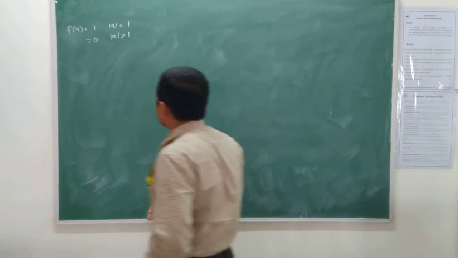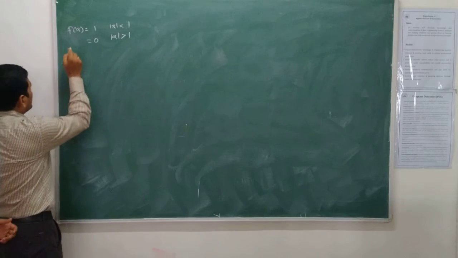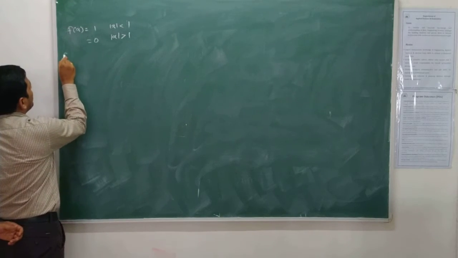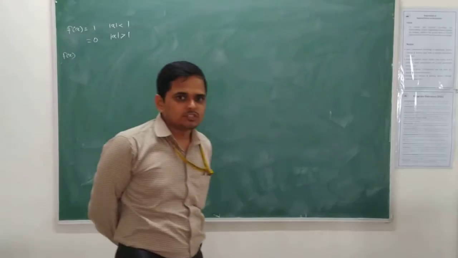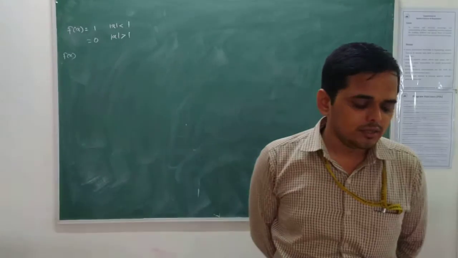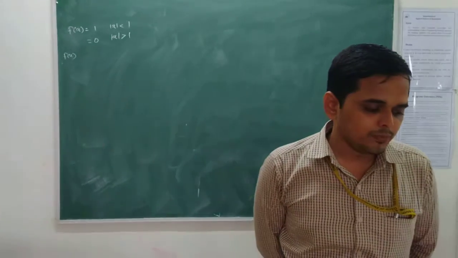Now come to this. Here f of x is a function which is discontinuous actually at x equal to 0, it's fine.